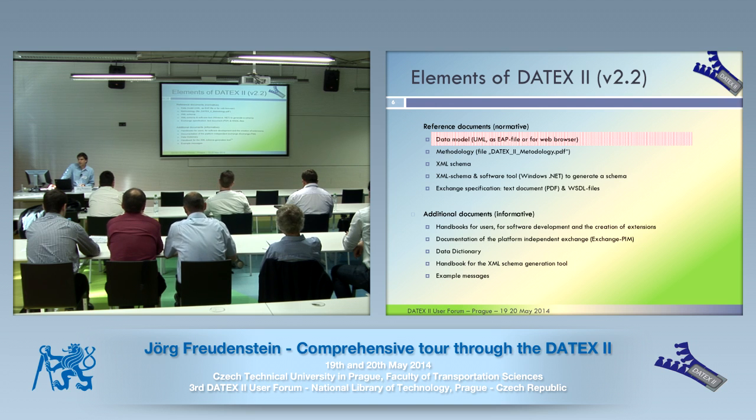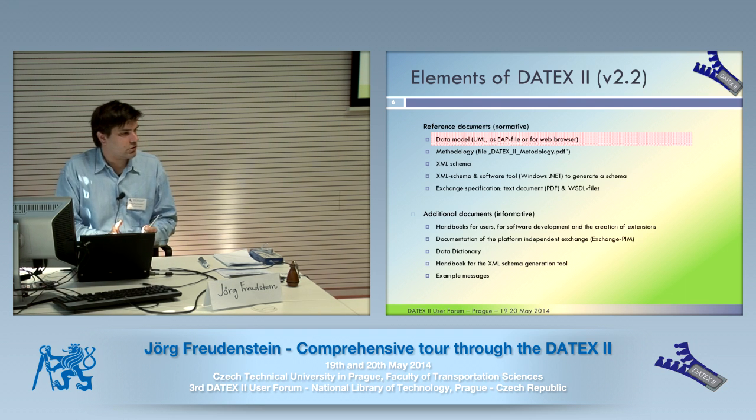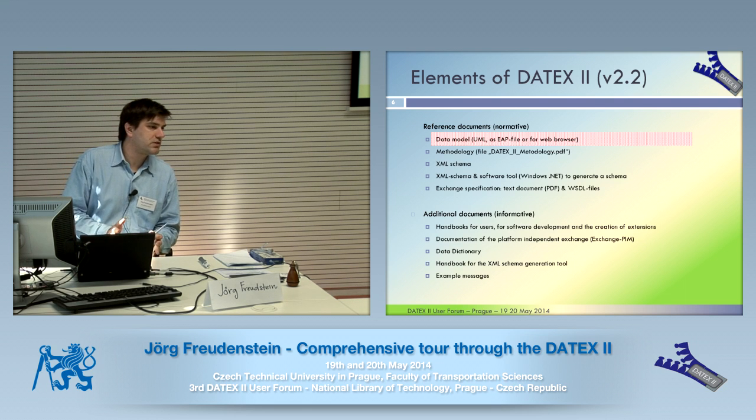So what do we have of elements in our Datex version? The current version is version 2.2. There will be a version 2.3 this year, and the next big release will be version 3.0. 3.0 will not be backward compatible to the other ones. If there is a minor version, they all are backwards compatible.